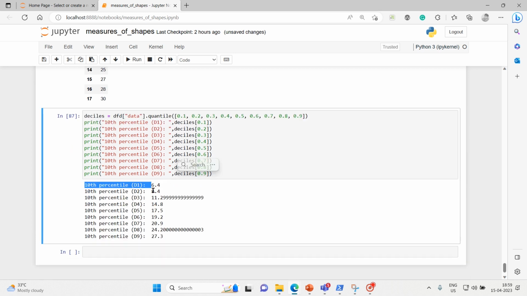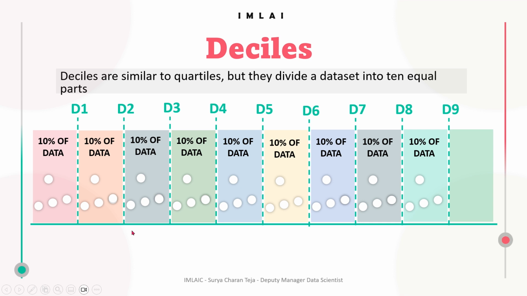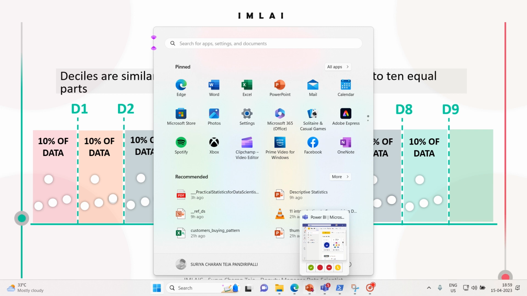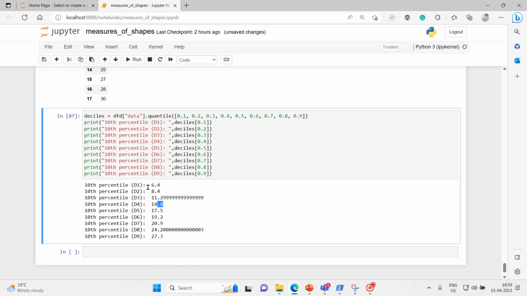So 6.4, 8.4, 11.2, 14.8, 17.5, 19. So if you can just map them all together. So decile 1, decile 2, decile 3, decile 4. 10% of data points are falling below 6.4. 20% of data points are falling below 8.4. 30% of data points are falling below 11.2. 40% of data points are falling below 14.8. 50% of data points are falling below 17.5.